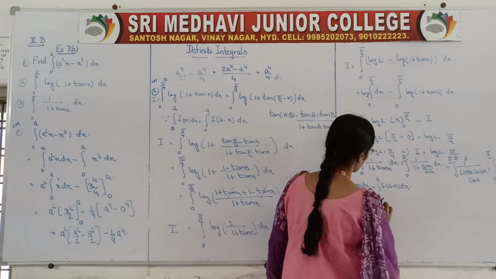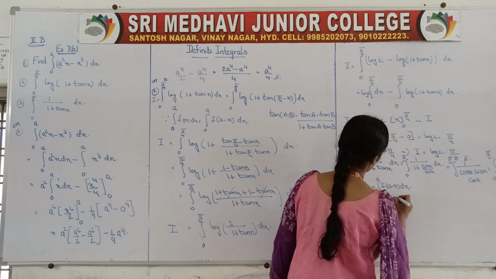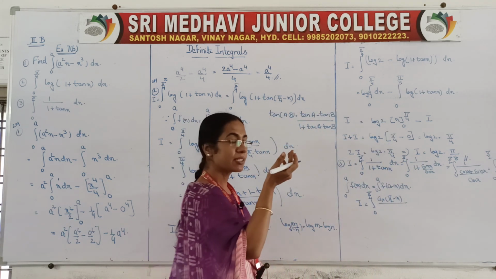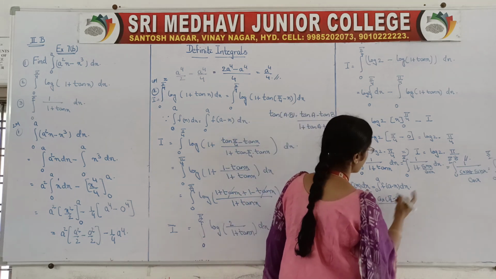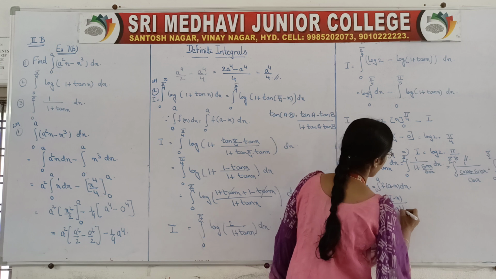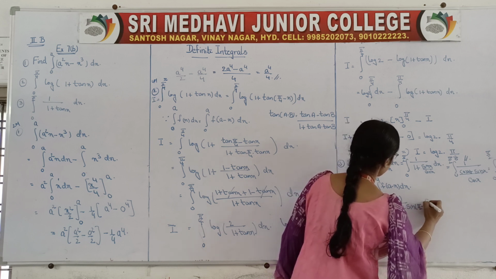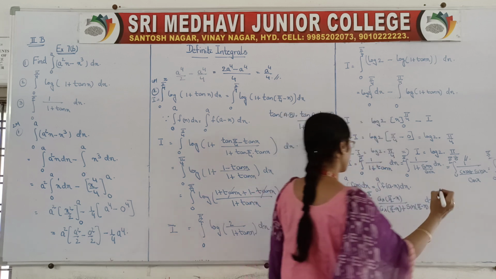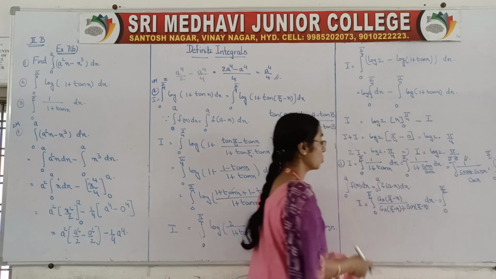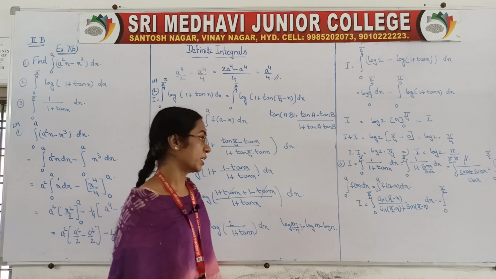In cos place we will take cos of pi by 2 minus x. Wherever x is there, we put pi by 2 minus x. Downwards also cos of pi by 2 minus x plus sin of pi by 2 minus x into dx. Okay, is equal to integral 0 to pi by 2, 90 minus theta, first quadrant all are positive, right?